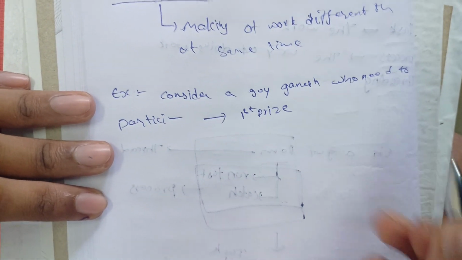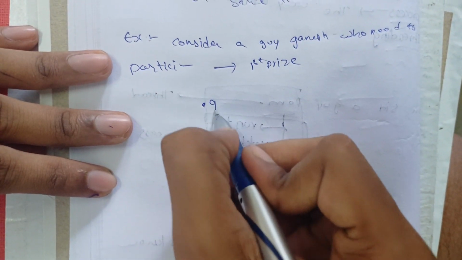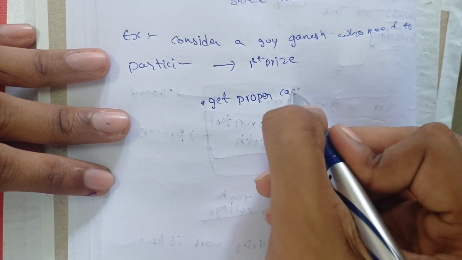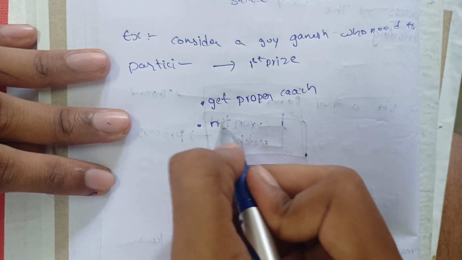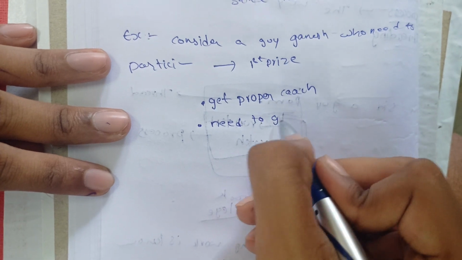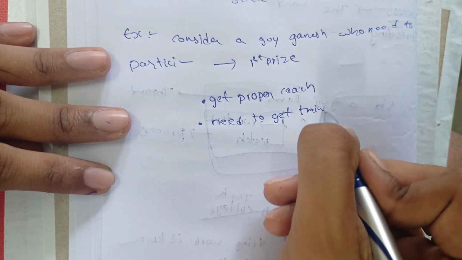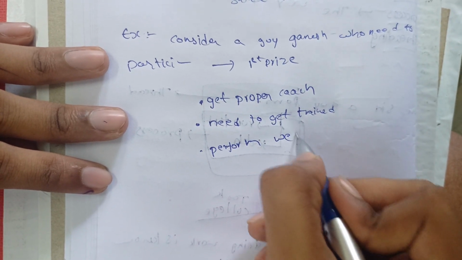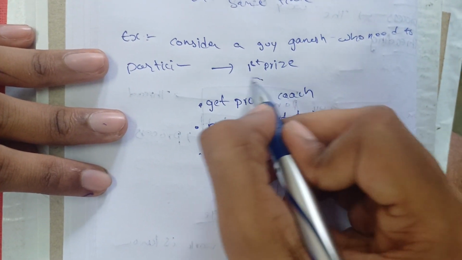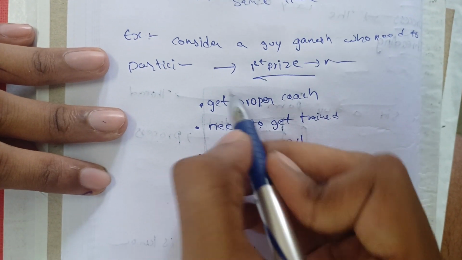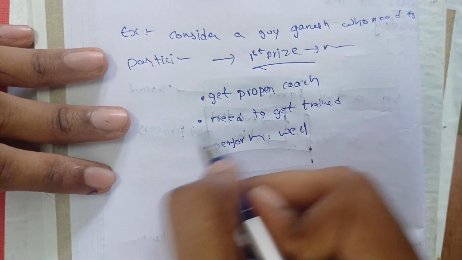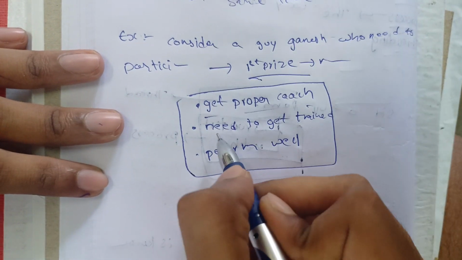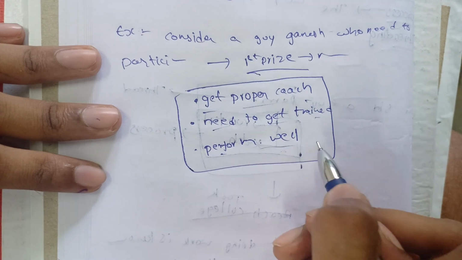For this, he needs to get a proper coach, get trained, and perform well. His task is to win first prize in the running competition, whereas his process is getting a proper coach, getting trained, and performing well.